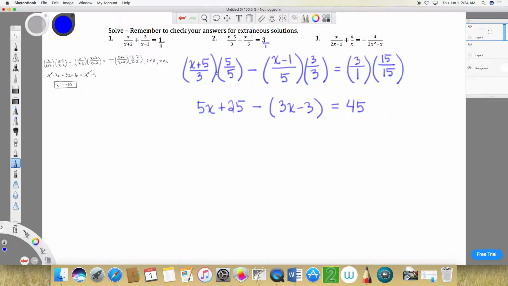And I didn't have to make any restrictions here. I don't have to worry about division by 0 for this problem. So we have 5x minus 3x, which is 2x. We have 25 minus a negative 3, which the double negative turns to adding 3, and 25 plus 3 is 28.